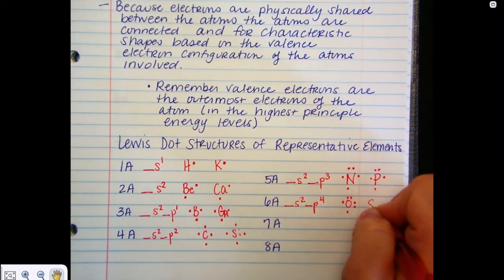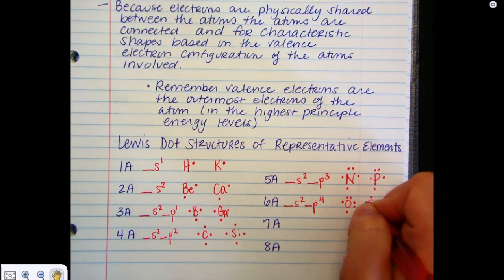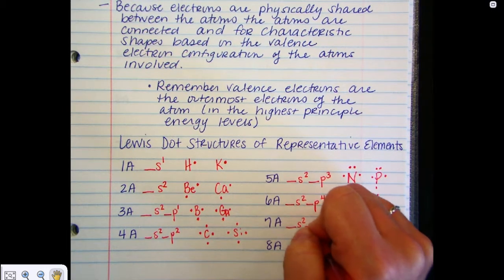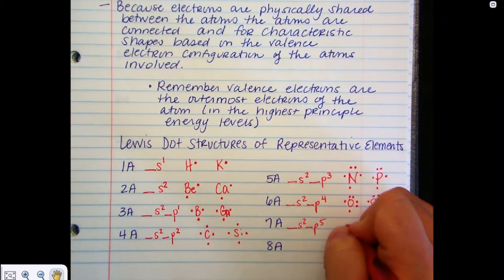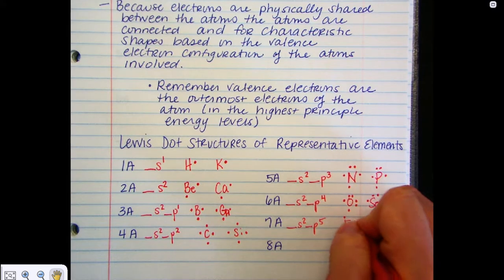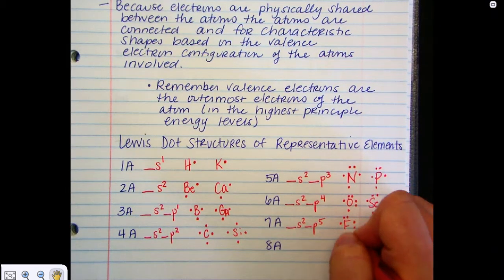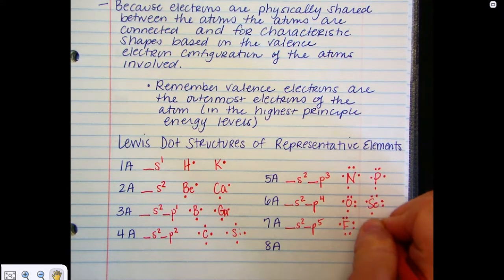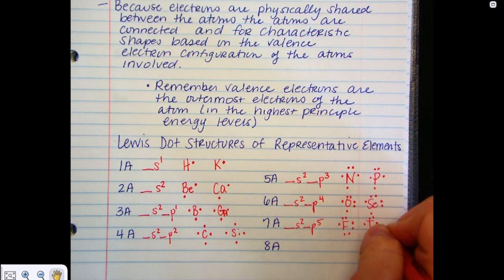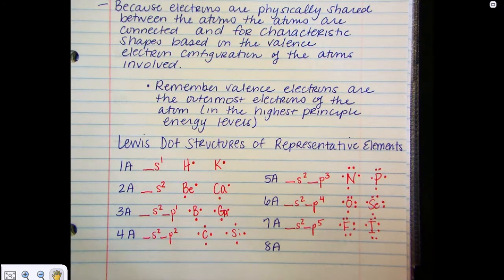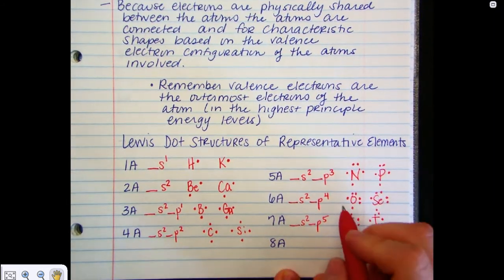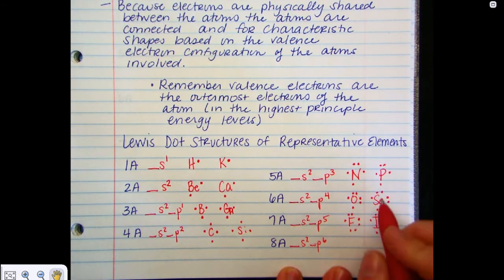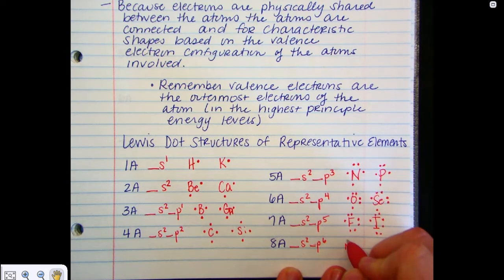And selenium, 1, 2, 3, 4, 5, 6. 7A, s2 p5. 7 dots, 1, 2, 3, 4, 5, 6, 7, and iodine, 1, 2, 3, 4, 5, 6, 7. And then that leaves us with our last column, our 8A column, that we know is s2 p6, has 8 electrons, so neon.